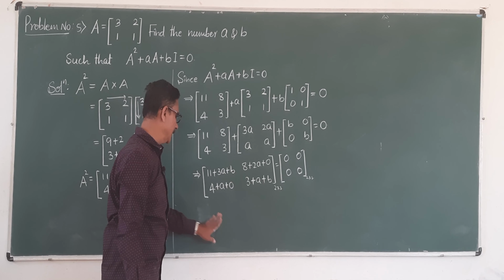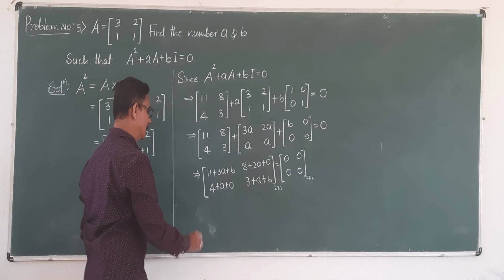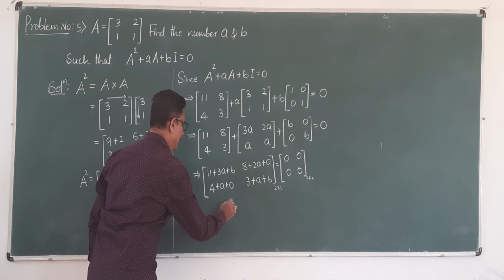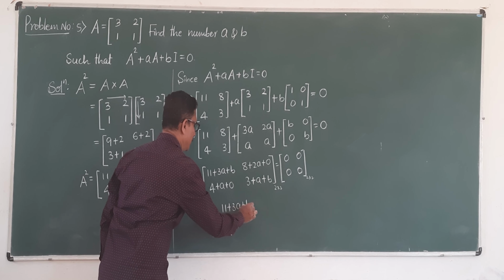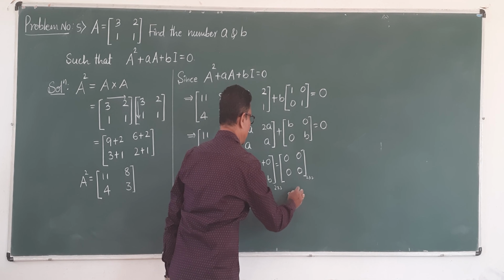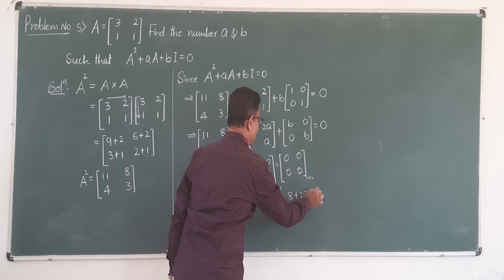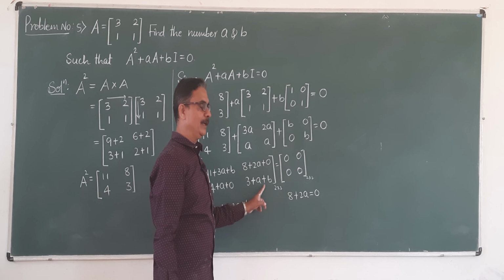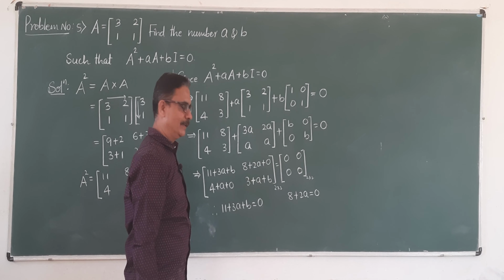Clearly, two matrices having the same order are said to be equal when corresponding elements are equal. 11 plus 3a plus b is equal to 0. Then 8 plus 2a is equal to 0. 4 plus a is equal to 0. 3 plus a plus b is equal to 0.